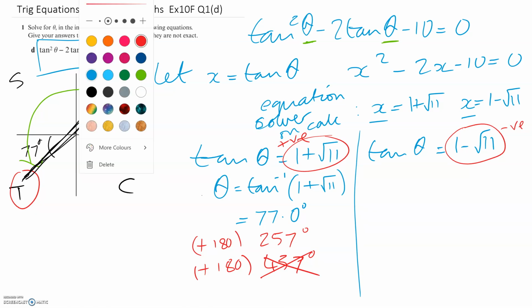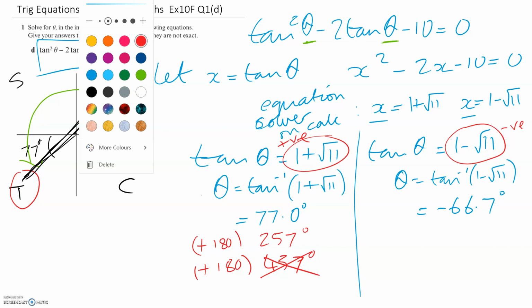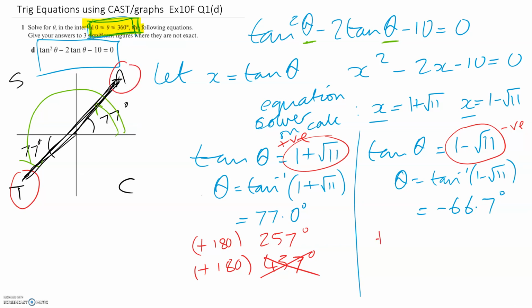So let's do inverse tan of this on our calculator. Theta equals tan to the minus 1 of 1 minus root 11. That's going to give us minus 66.7. And if we keep adding 180s to this, plus 180, we're going to get 113 degrees.